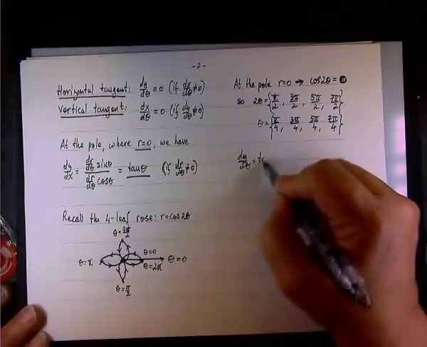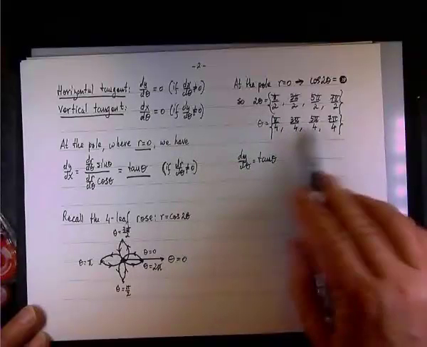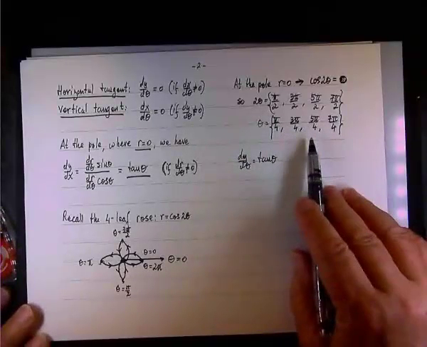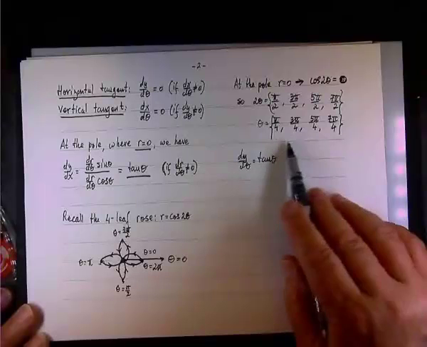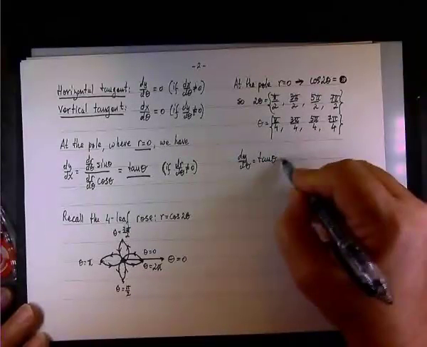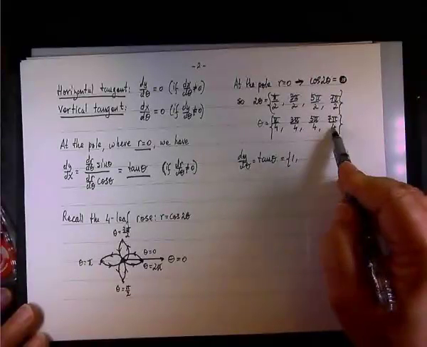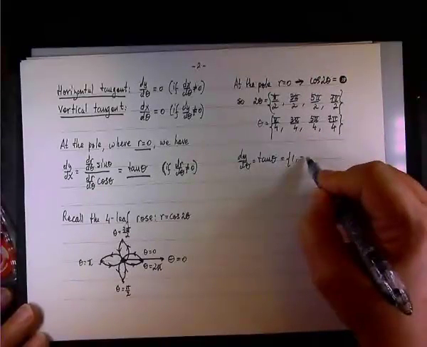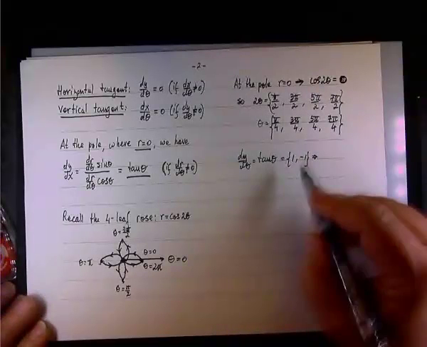So what about the derivative here, the slope of the tangent? Well, dy/dx equals tangent theta, and we have two cases for pi over 4 and 5 pi over 4 in the first and third quadrants, where the tangent is positive.